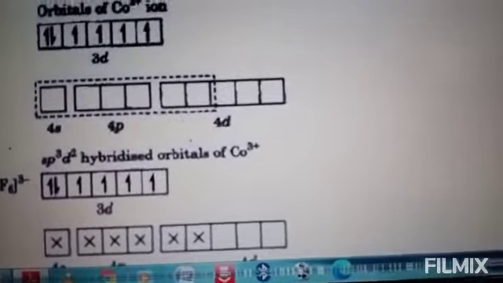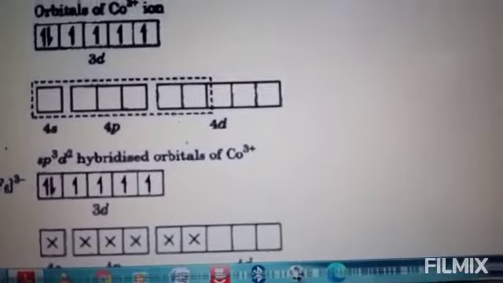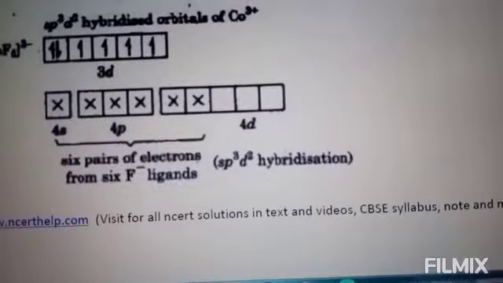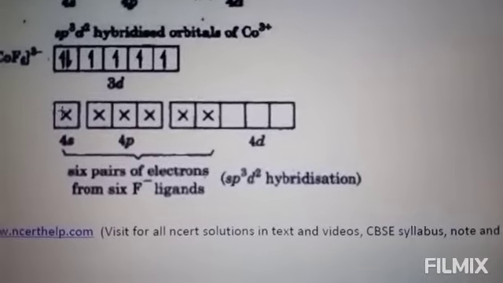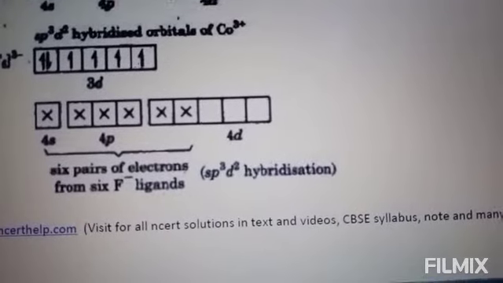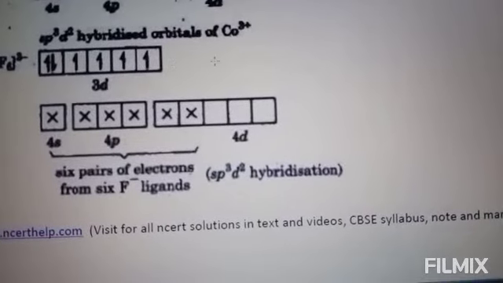So within these 6 empty orbitals, all the fluorine ligands will donate electrons and occupy them. So 4s has 2 electrons from fluorine, 4p has 6 electrons from fluorine, and this 4d has 4 electrons from fluorine.